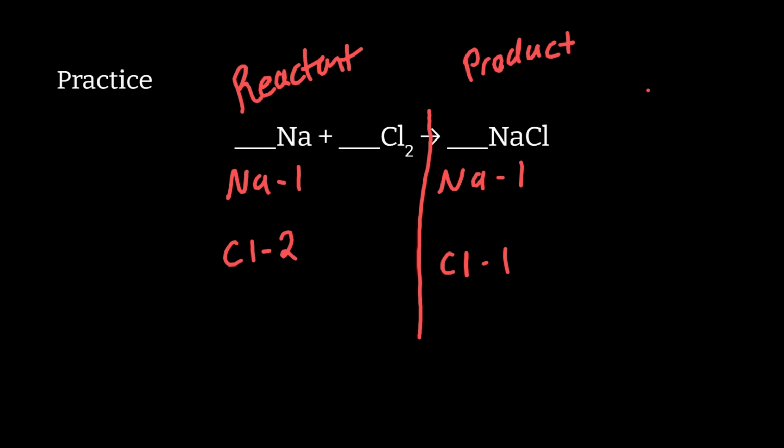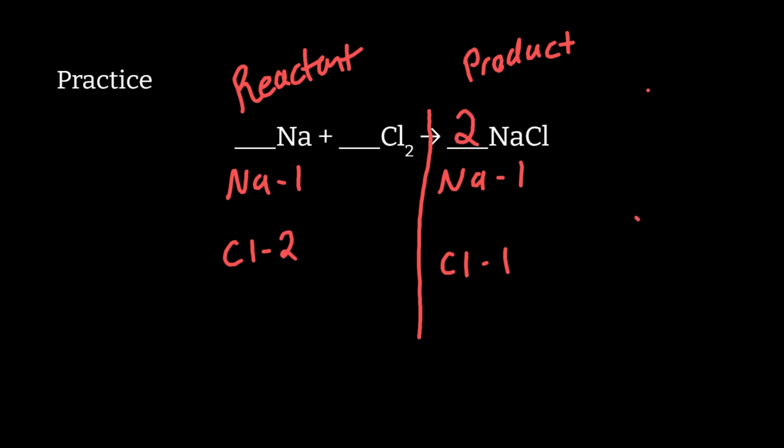Now, we're not able to change subscripts, and so the only thing we are able to do is look at our coefficients. So what we have to think is what coefficient can go in front of my NaCl in order to make 2 chlorine atoms? Remembering that the coefficient is going to multiply.